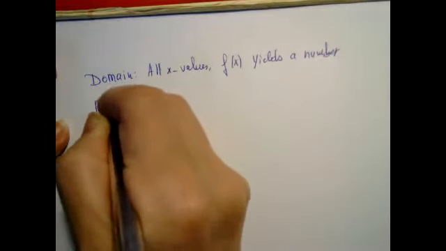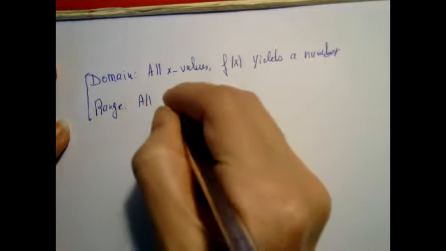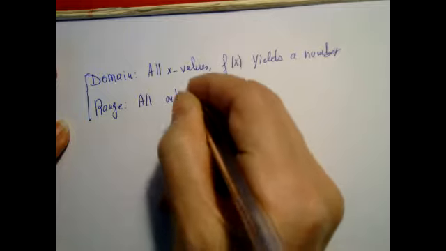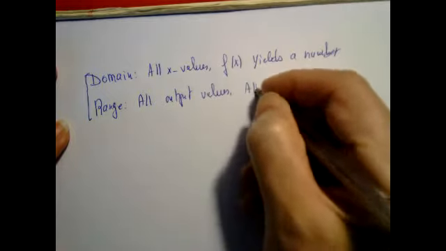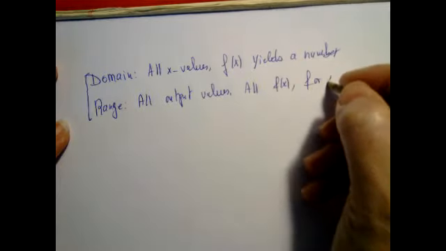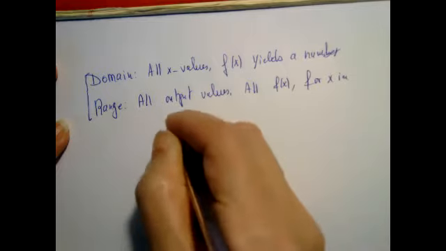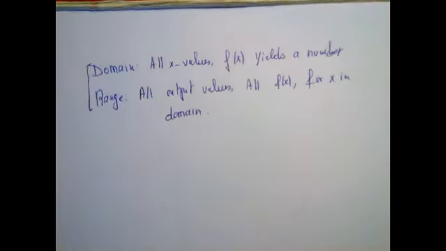And the range is all the output values. In other words, all the f of x for x in the domain. Okay, so that's really the two ideas.